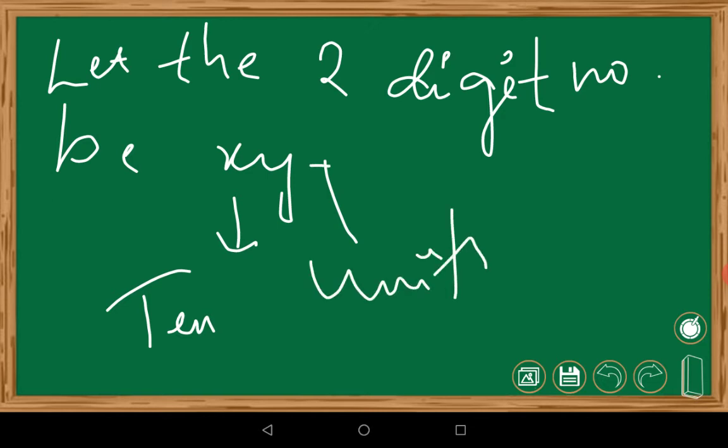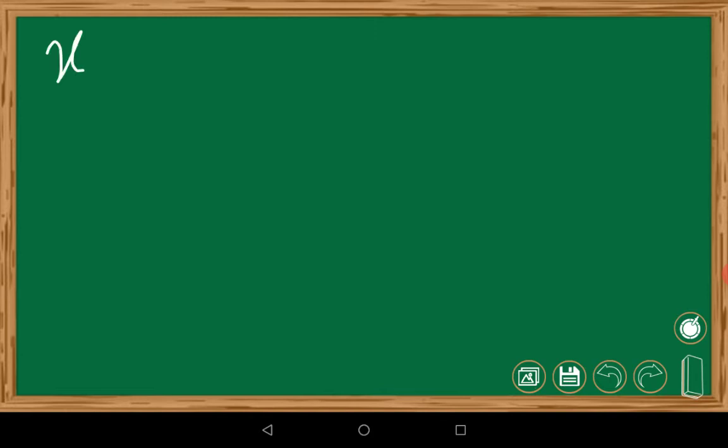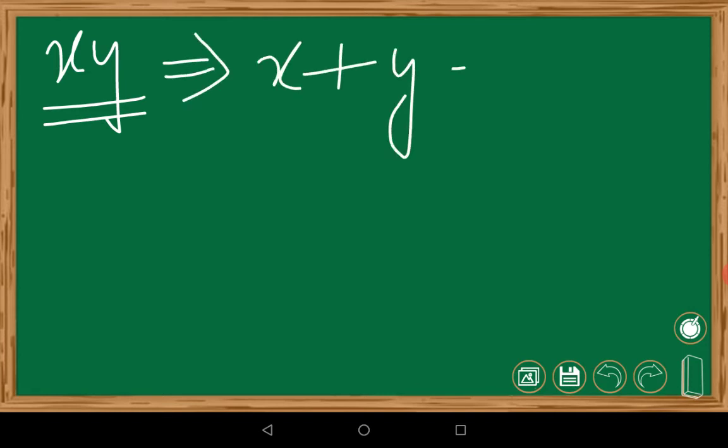So our number is xy, a two-digit number. Clear? So the next statement they have given is the sum of the two digits, that means these two. What is the sum? x plus y is equal to 9. Clear? Till here this is the given data, and this equation we will take as the first equation.